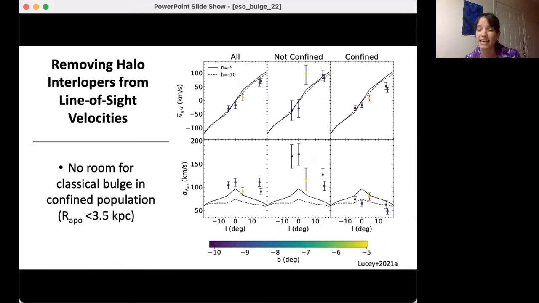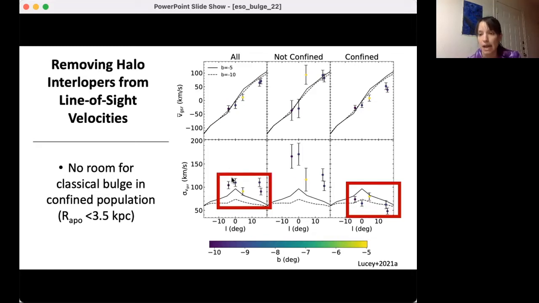In the second installment of the COMB survey, we did orbital analysis of our metal poor stars to be able to separate the stars into confined bulge stars and not confined stars, those halo interlopers, by looking at which stars have an apocenter less than 3.5 kiloparsecs. If we look at only the stars that have apocenters less than 3.5 kiloparsecs in the galactic center, we see that the velocity dispersion is much lower than before when we had all the stars combined.